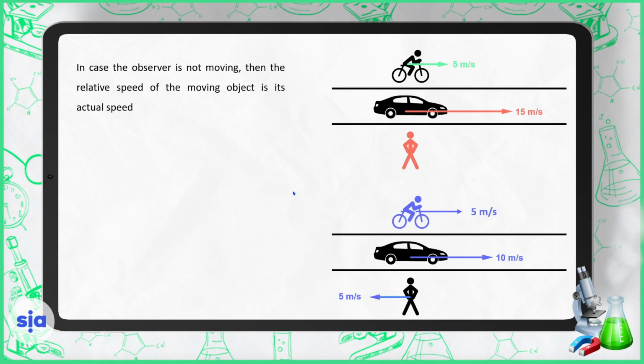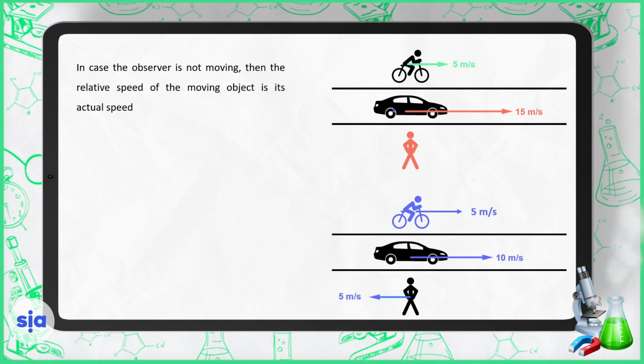Let's discuss this example. This boy is the observer and he's not moving. He's only watching these objects while they are moving. So the relative speed of the objects is their actual speed.